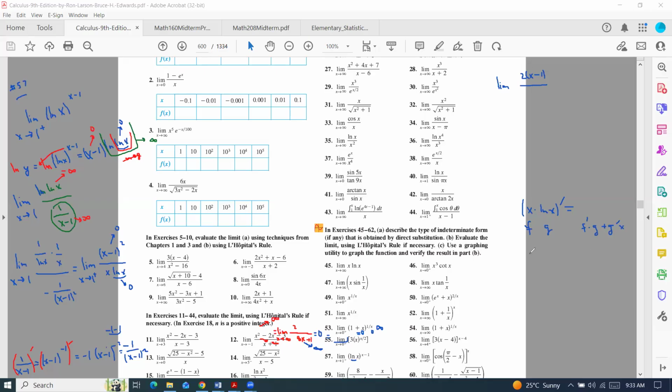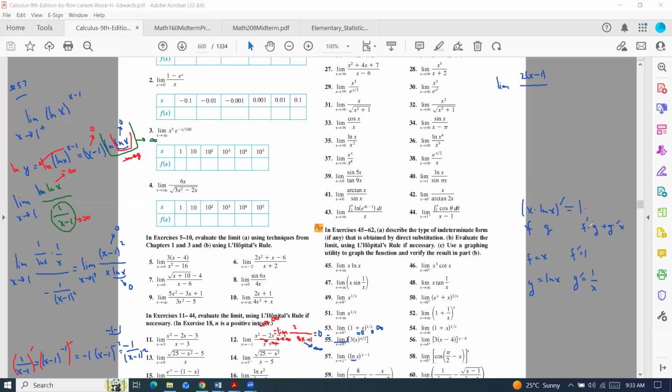So if your function f is equal to x, and if your function g is equal to ln of x, then what about the other 2 ingredients in this setting, f prime and g prime? Well, f prime will be the derivative of x, and that's our favorite. It is 1. And g prime, the derivative of ln of x, is 1 over x. So set it up.